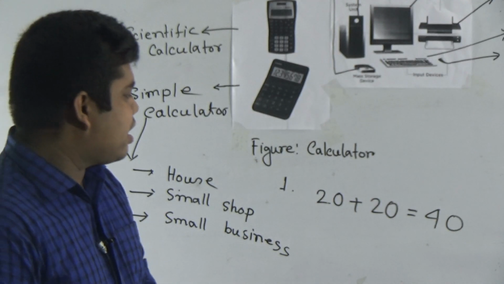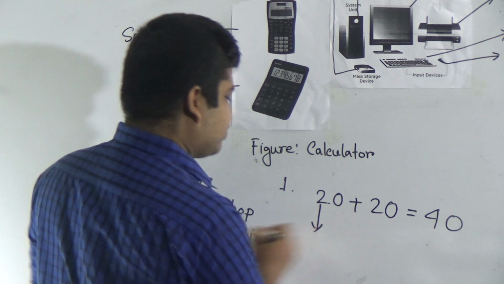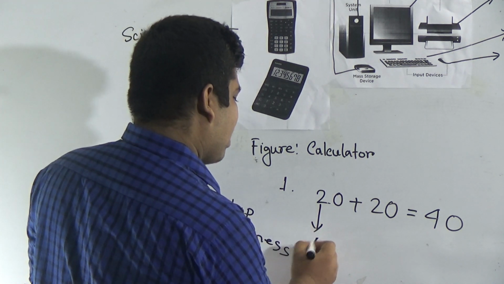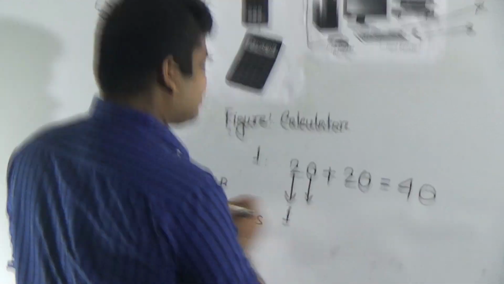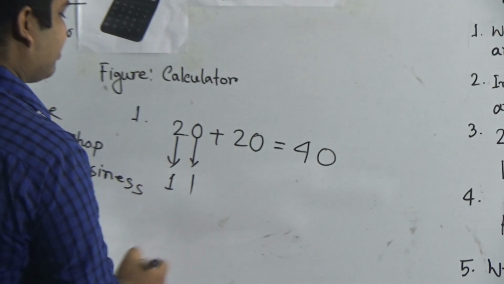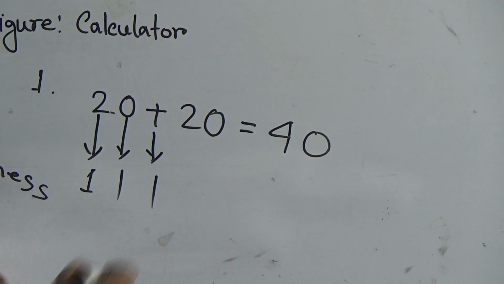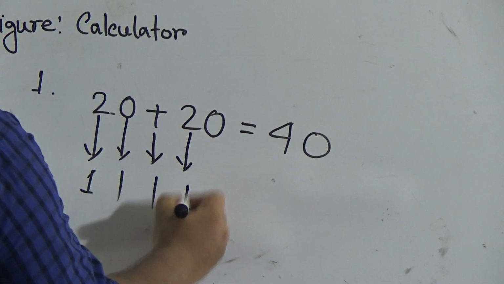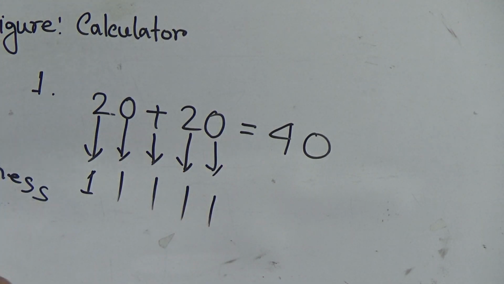So, in order to get this result, at first we press 2, that means one button. Then we press 0, another button. Then we press plus sign, another button. Then we press 2, another button. Then we press 0, this is another button.